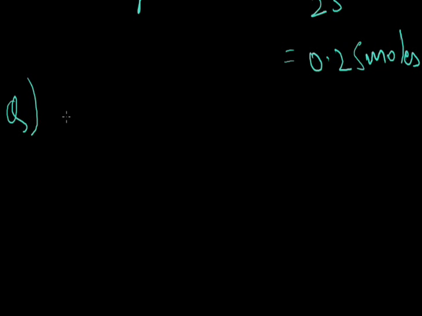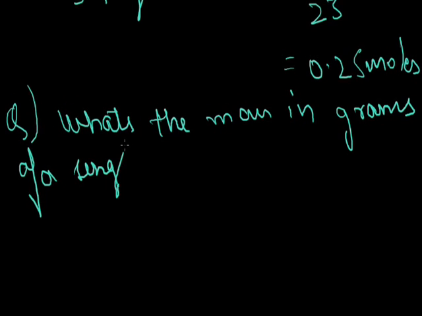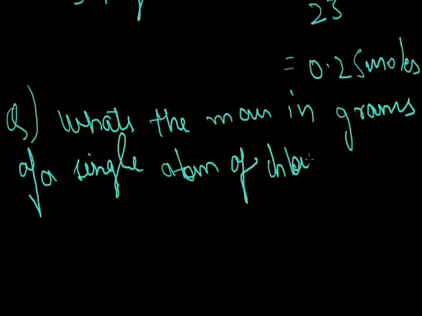Now, what is the mass in grams of a single atom of chlorine? We know that the mass of 6 into 10 to the 23 atoms of chlorine is 35.5.